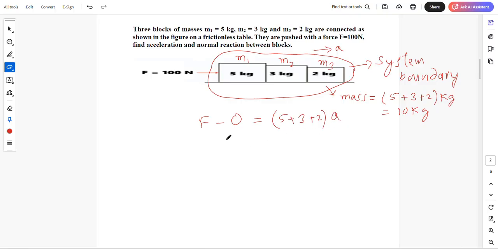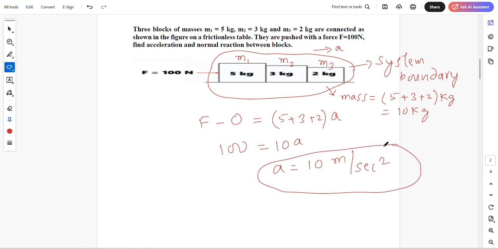F is 100, so 100 is equal to 10 A. A is equal to how much? 10 meters per second square. Acceleration is 10 meters per second square.